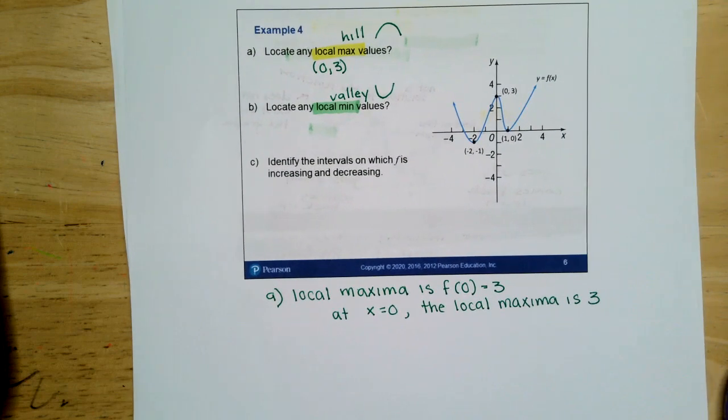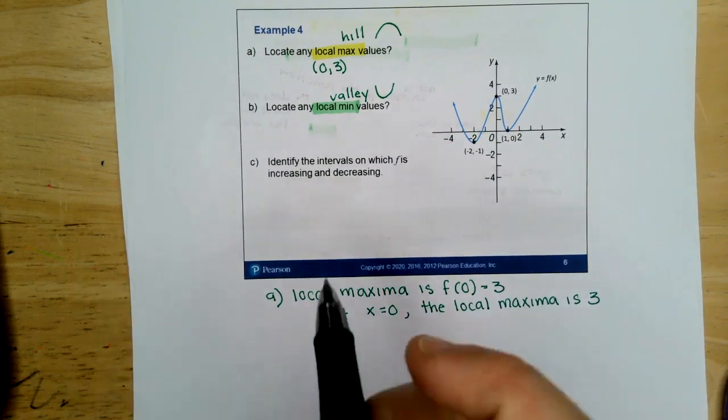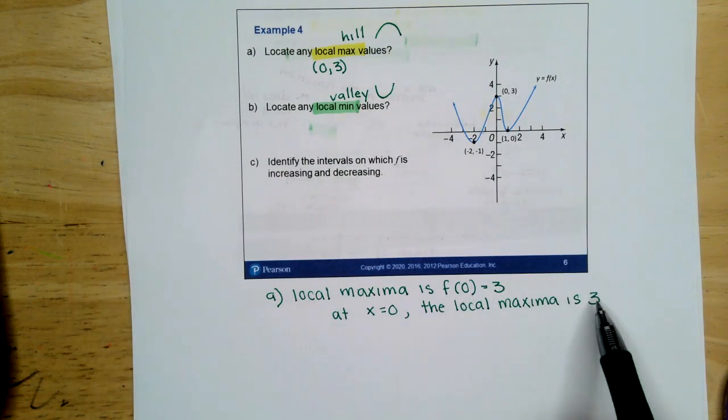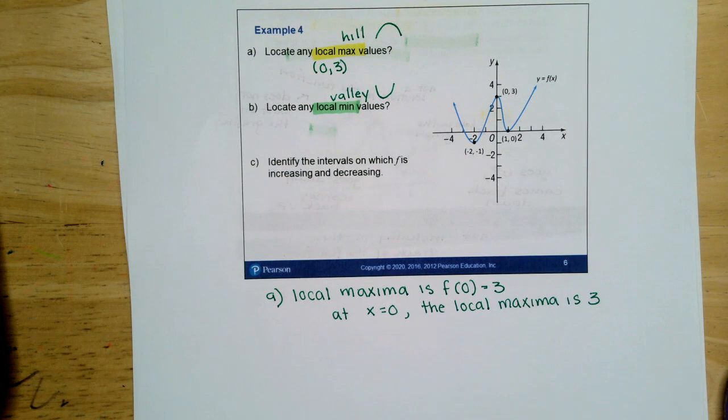That's more likely how they'll ask you to write it. Same answer, (0, 3), 3 when x is equal to 0. Good?